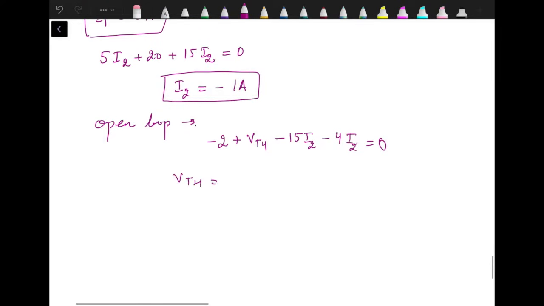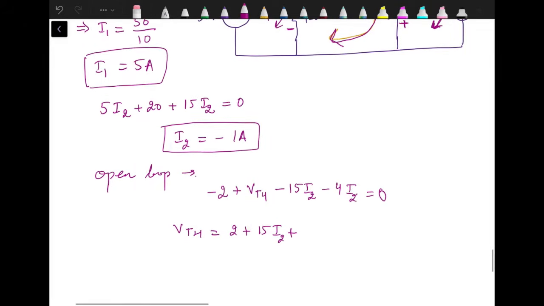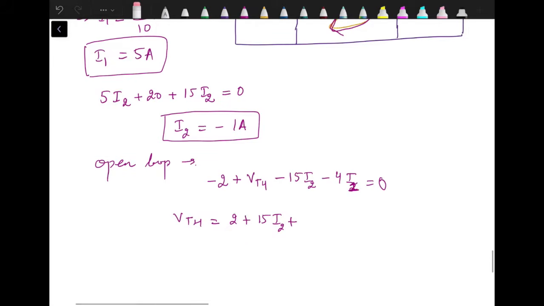Hence VTH is 2 plus 15 I2, sorry, this should be I1, not I2. The current through the 4 ohm resistance is I1. So it's 4 into I1. So VTH is 2 plus 15 I2 plus 4 I1.